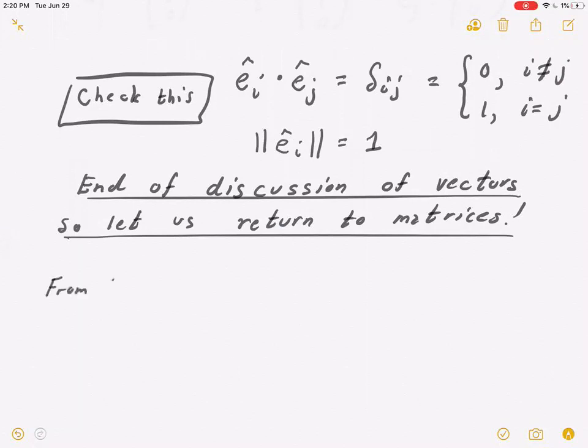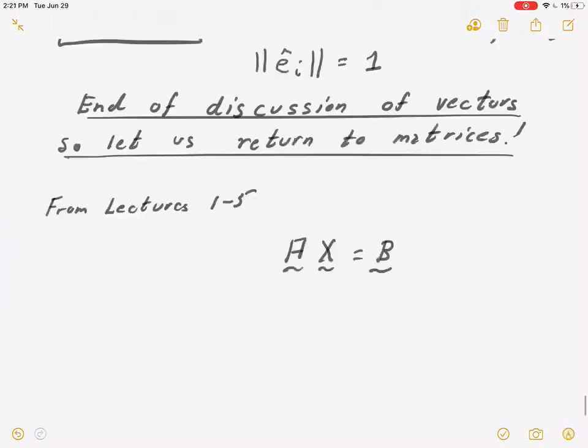So from lectures 1 through 5, we can write down the following matrix equation. We have seen this before many, many times. A is what we called our coefficient matrix.